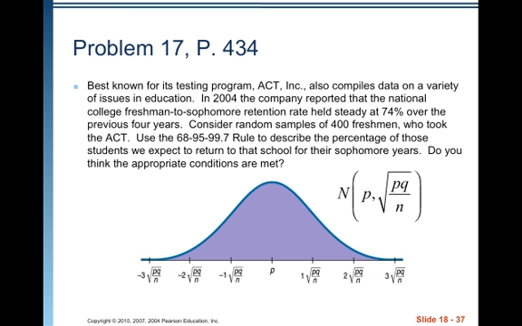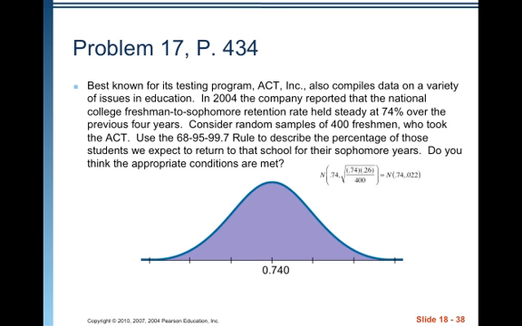All right, so I've shrunk up the problem there where you can look at it. We're looking at a normal distribution centered at the population proportion and with a standard deviation equal to the square root of p times q over n. The true proportion of the whole population is 0.74, so that's going to be the mean of our distribution.